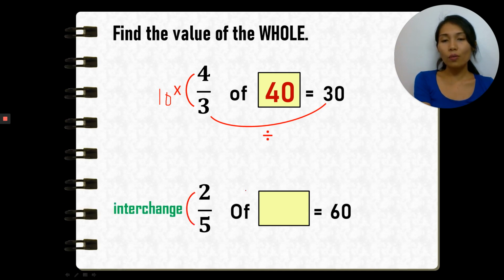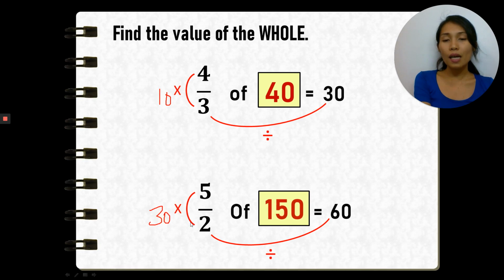Okay, let's try another one. Let's interchange 2 and 5. 2 becomes the denominator and 5 becomes the numerator. Now let's proceed with division. 60 divided by 2 equals 30. Now 30 times 5 equals 150. So that's how to find the whole.